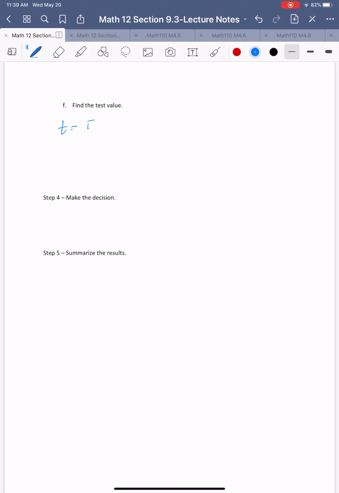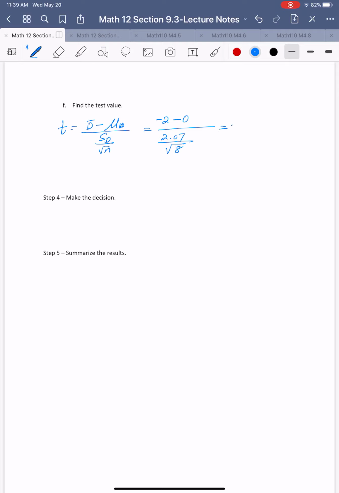So t equals D bar minus mu sub D over SD over square root of n. This is 0, so t equals D bar, which was negative 2, minus 0 over 2.07 over square root of 8.